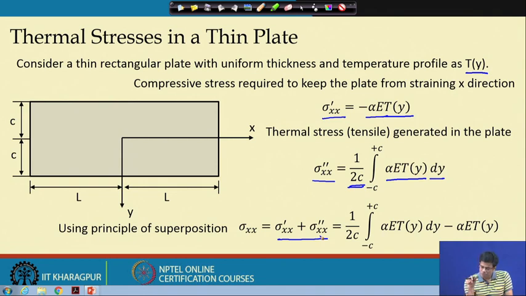So, now if I put these two quantities, it looks like this. So, this is my total stress in the x direction, which needs to be equilibrated.